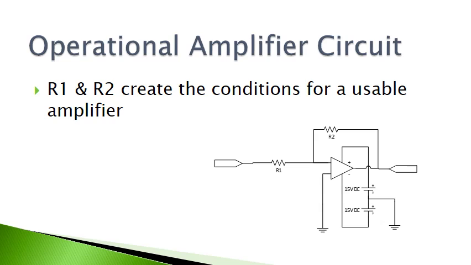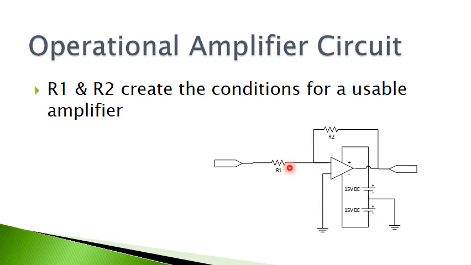So if we create a circuit such as this, using R2 to connect the output to the input, and then R1 to feed the input into the negative terminal, where here the negative terminal is this terminal right here, then let's ground the positive terminal. So now, because we have this virtual ground and we cannot have a voltage difference across these terminals, that makes this point right here actually ground.